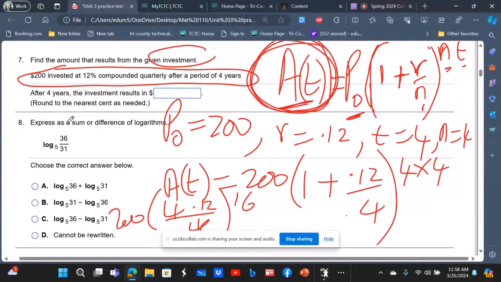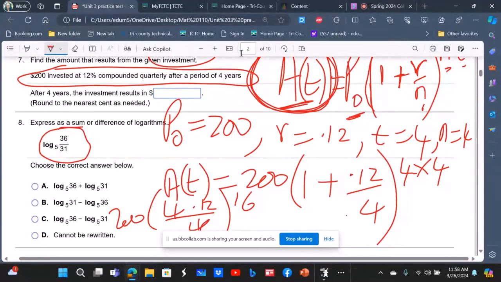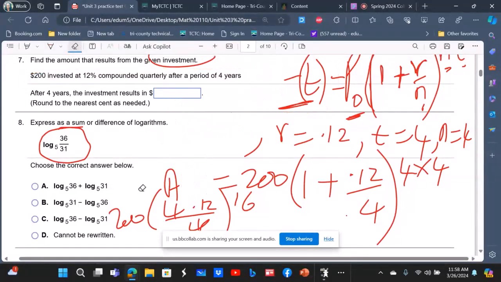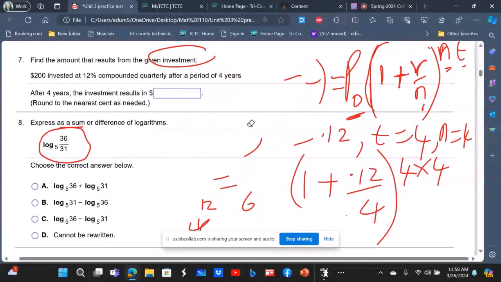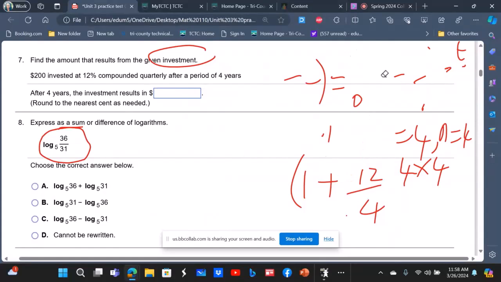All right, so when you are told to solve a logarithmic equation, look at number 8, everybody. If you're given a logarithmic equation to solve and the base is not 10, remember, you change the base. You have to do change of base because you cannot solve it otherwise.